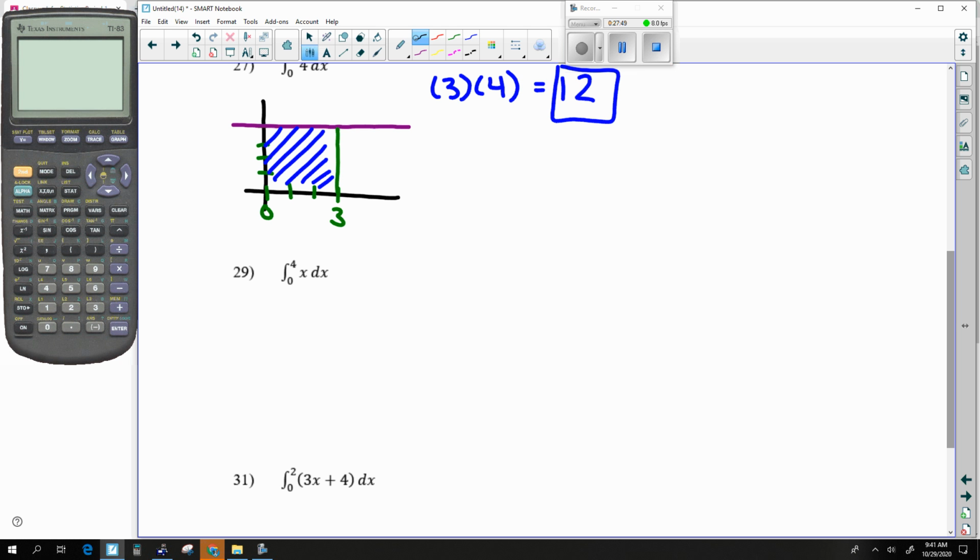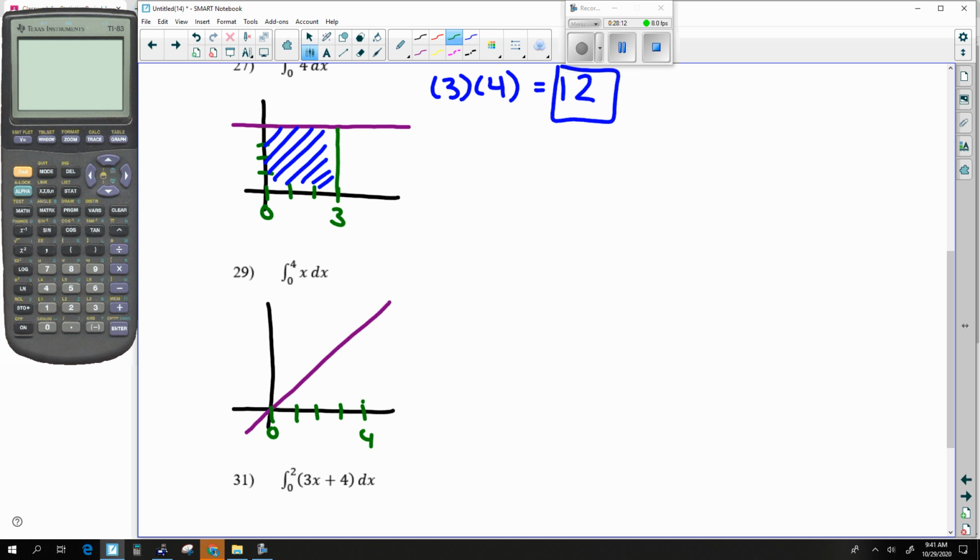Okay. This has a graph of x, so up 1 over 1 kind of idea. This is on the interval from 0 to 4.